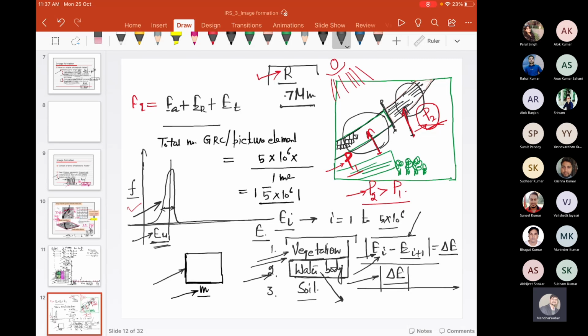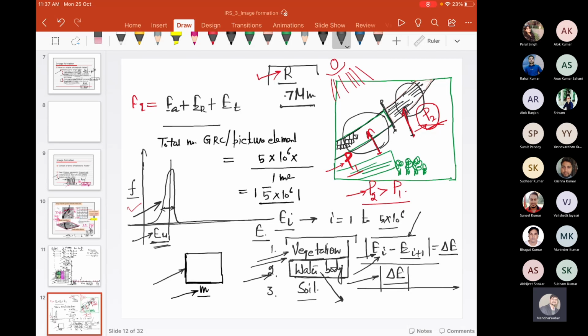If we consider the second case, that is rho 2, then the reflected component is more. The EI is again constant, but the reflected component is more. Then obviously the absorbed and transmitted components will be less.